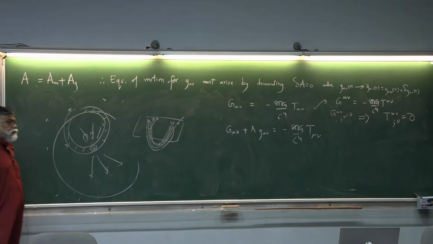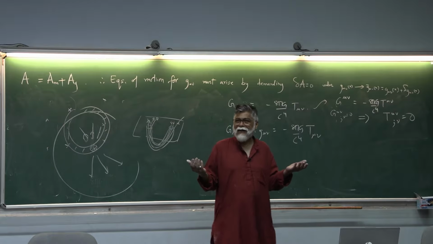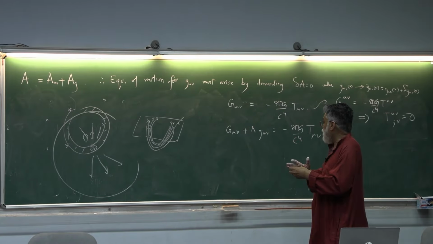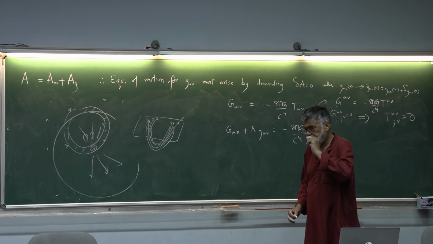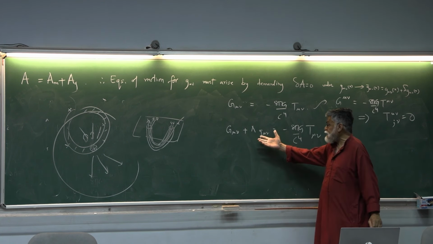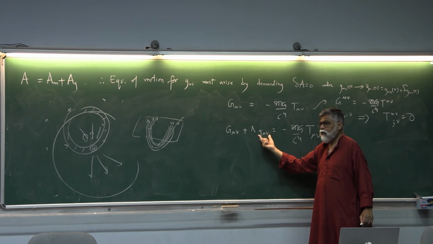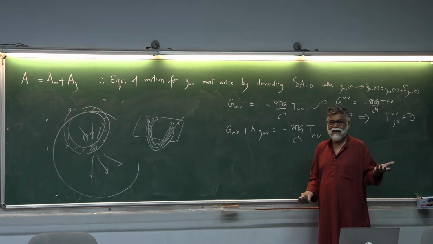So there was a move once upon a time to explain matter also in terms of geometry, because from geometry itself, matter equations would follow. Now, Einstein realized that you can always add a pure constant term into g mu nu, which still maintains the energy momentum conservation.